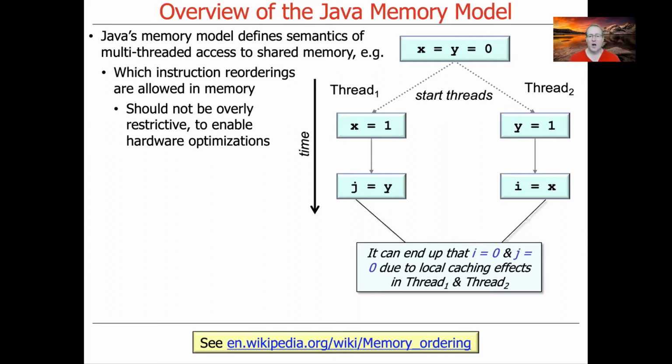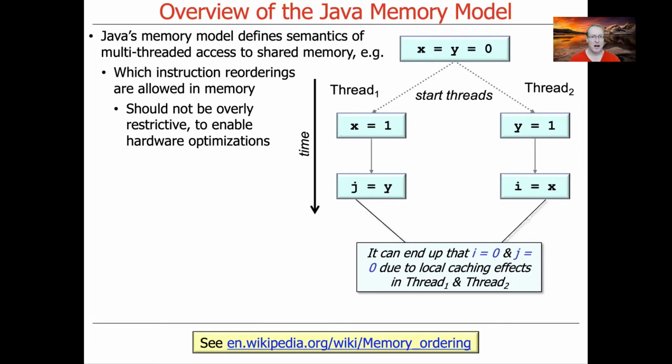Well, it can turn out, due to various caching effects, especially on modern multi-core processors, that i will have the value of 0 and j will also have the value of 0, even though x was set to 1 and y was set to 1 before j was set to y and i was set to x.